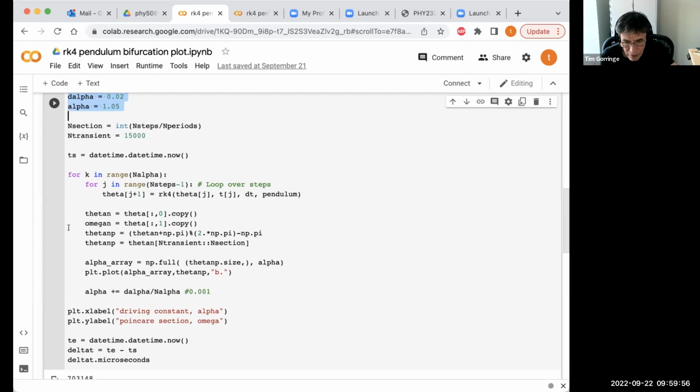I did that with this little line here, where I divide by 2 pi, find the remainder, and put that remainder, which is from 0 to 2 pi, on the range of minus pi to pi. It's that which I work with when I make the bifurcation plot.